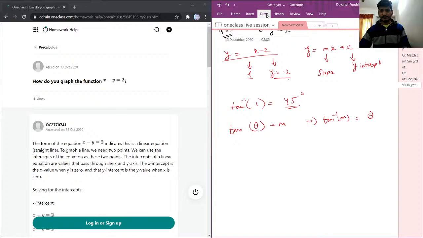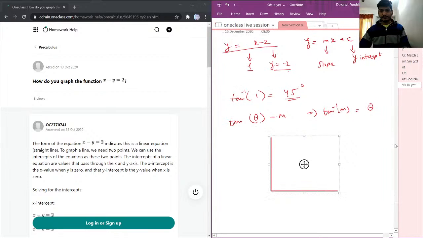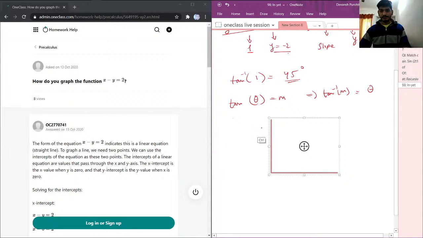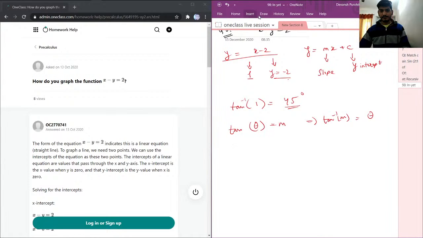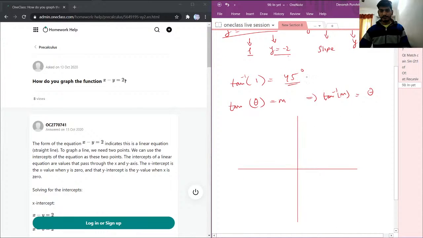So we need a coordinate system here. We'll be needing the one with all the 4 quadrants. And then take this color. This is y, this is x, 0.